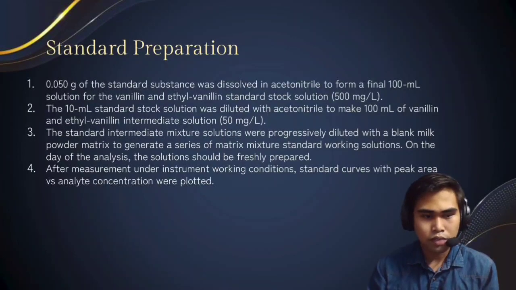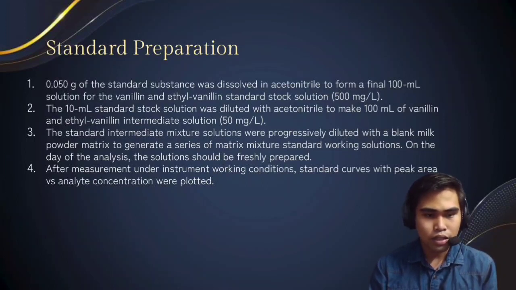Standard preparation. 0.050 gram of standard substance was dissolved in acetonitrile to form a final 100 ml solution for the vanillin and ethyl vanillin standard stock solution. Then 10 ml of the standard stock solution was diluted with acetonitrile to make 100 ml of vanillin and ethyl vanillin intermediate solution.